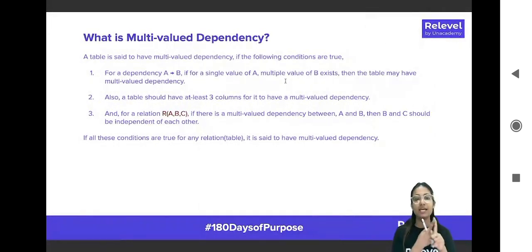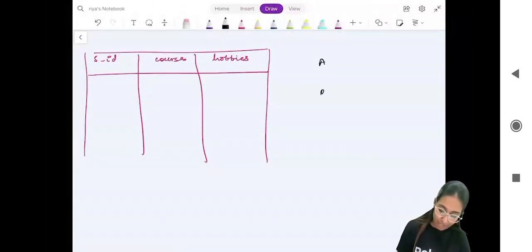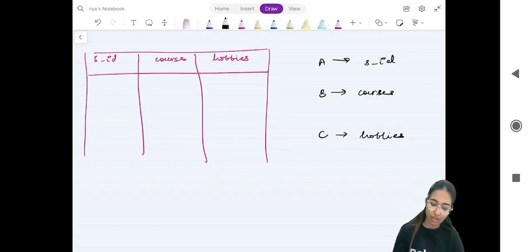The first is that for a dependency from A to B, for a single value of A, multiple values of B should exist, which is true as well. A, B, C: A is student ID over here, it is not courses and hobbies. B is, let's say, courses, and C is, let's say, hobbies. Okay, and what is the data over here?